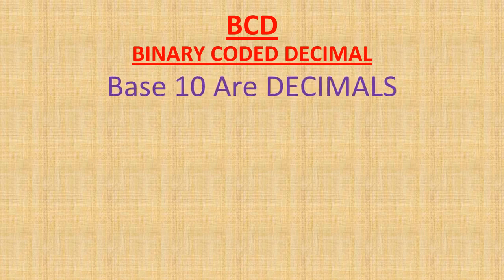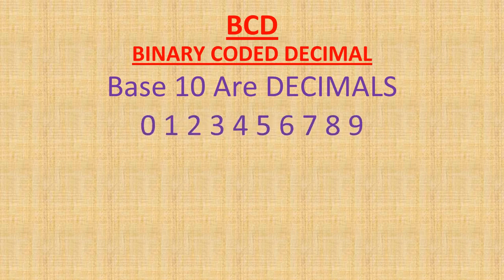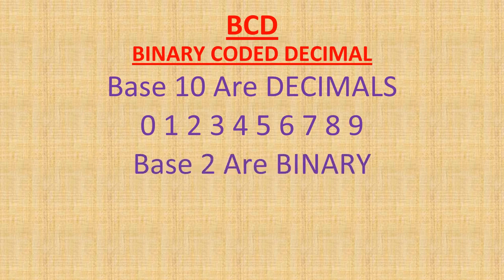As we know, the numbers with base 10 are known as decimal numbers, and the numbers with base 2 are known as binary numbers. In decimal, 0 to 9 digits are used, whereas in binary, only 0 and 1 are used.